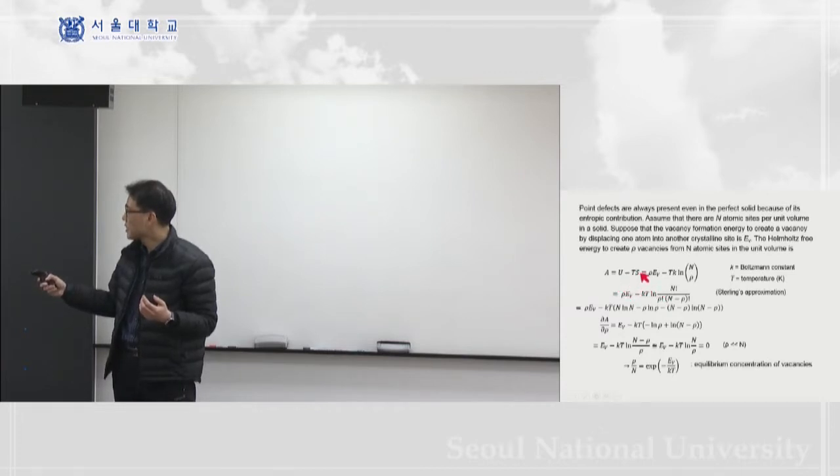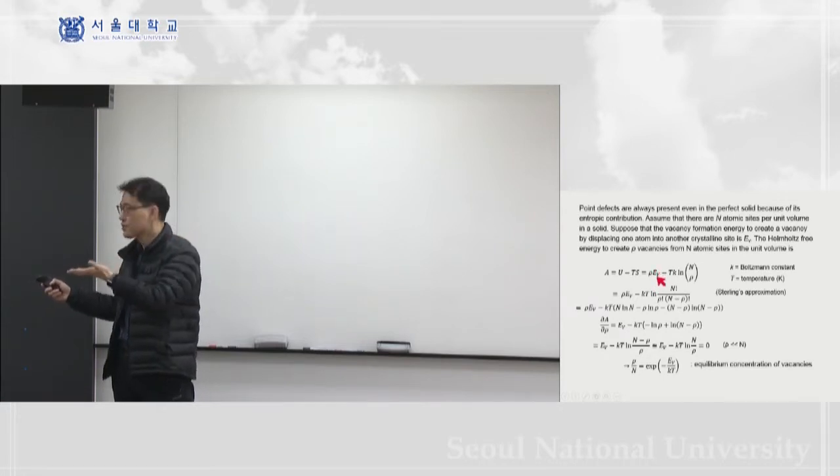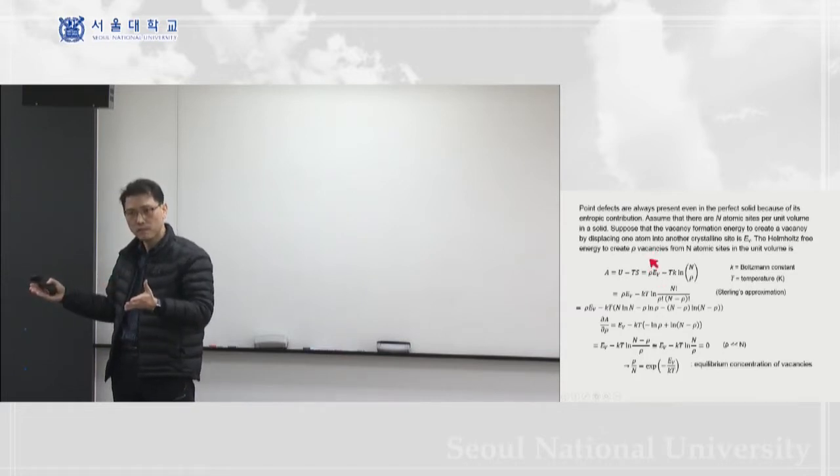Since you have created rho vacancies, you have to provide rho times EV energy, right? So it is higher by this magnitude of internal energy to make the vacancies in the perfect solid.